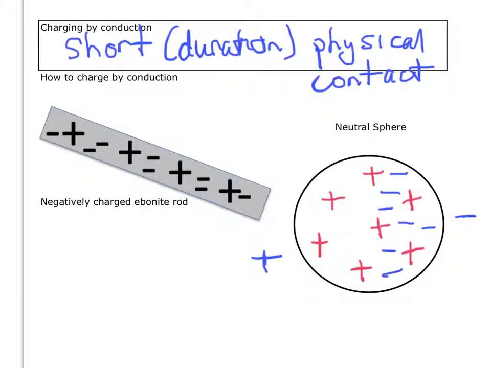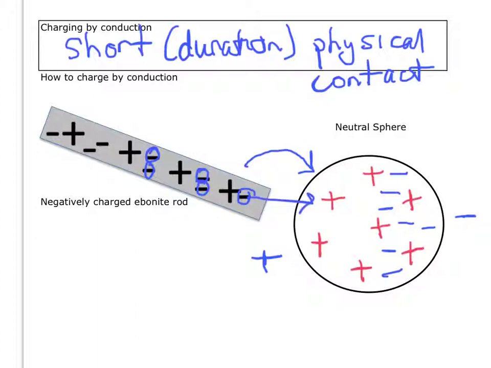As I bring this closer and actually touch it, the buildup of electrons on the rod is going to see this empty space where there are no electrons, only positive, and upon contact the electrons are actually going to jump over.